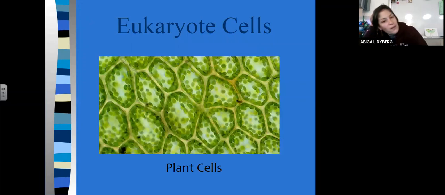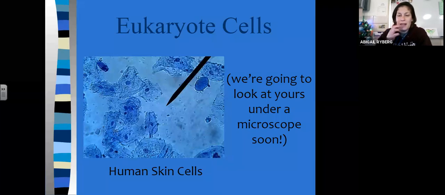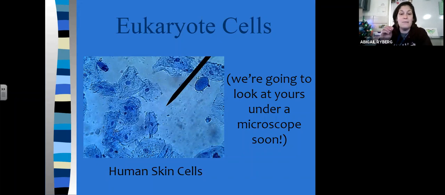Here's a microscopic view of some eukaryote cells. Those are plant cells. You can tell because they're green, and by the shape of them. Another example of eukaryote cells are human skin cells. There are some skin cells under a microscope. Normally, we'd be doing a microscope lab in class, and you'd take a little toothpick and gently scrape the side of your cheek and put that on a microscope slide and dye them blue.